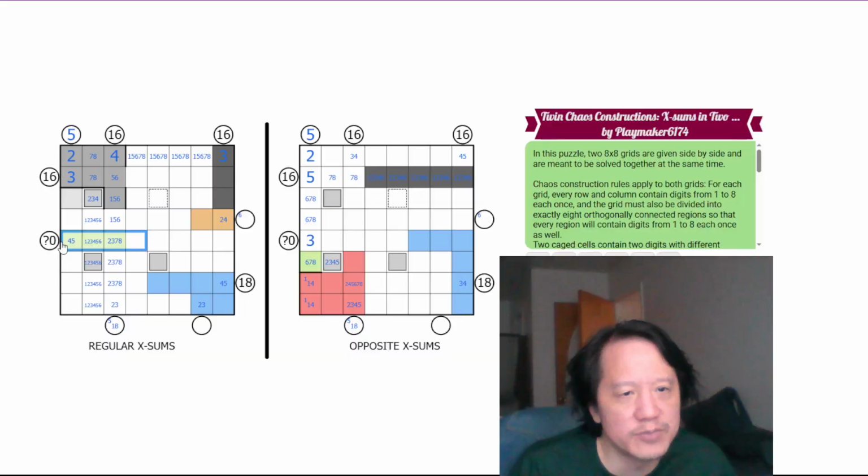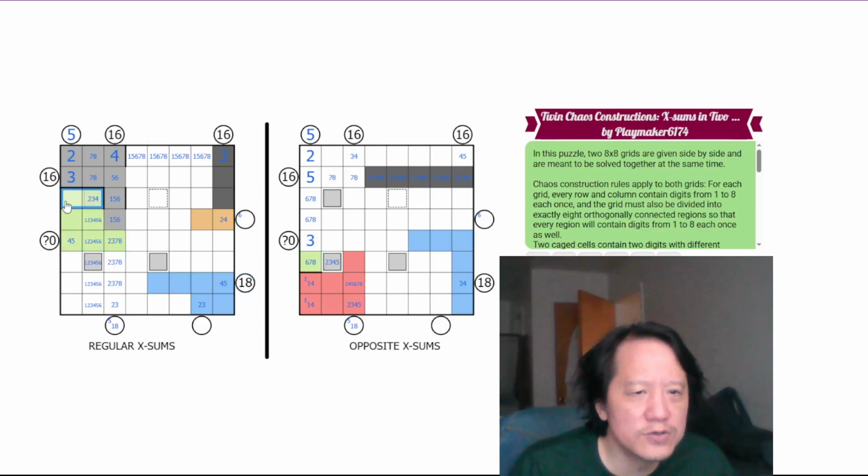That could still add up to 10. That's interesting. So then that would force this. So this would all be part of the green region. And this could be 2 counting that, 3 counting that, or 4 counting that.